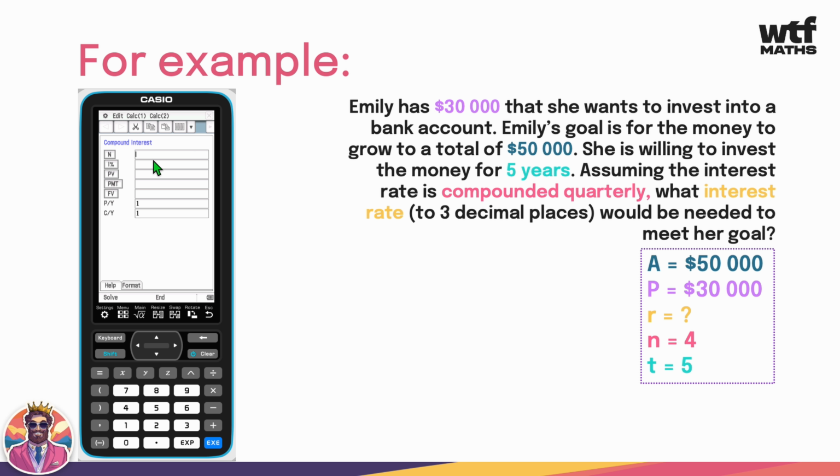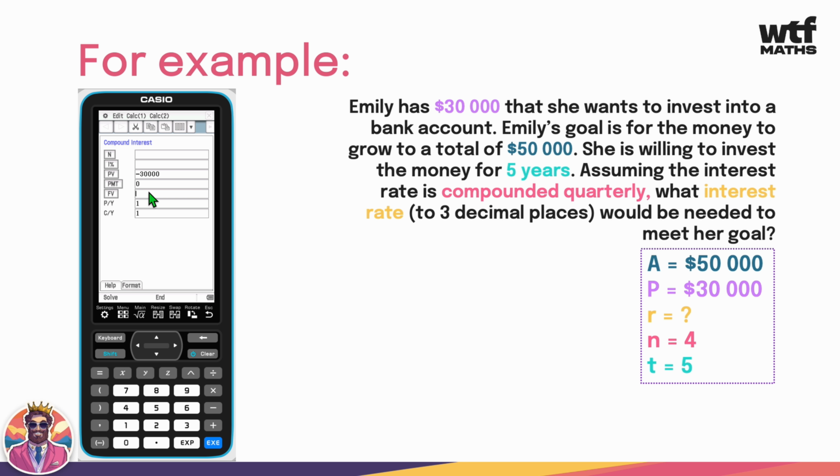Now, what do we know? Emily has $30,000 that she's investing. So this is going to be our previous value here. And remember, because we're investing the money, we want to represent that by using a minus symbol. So we're giving $30,000 to the bank. There are going to be no payments made on this. This is just $30,000 given, and we're just forgetting about it.